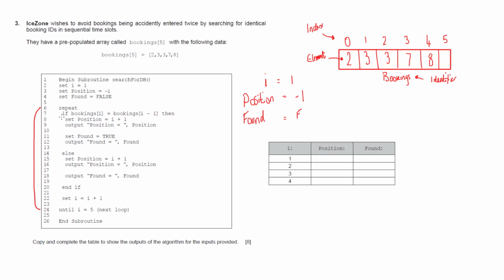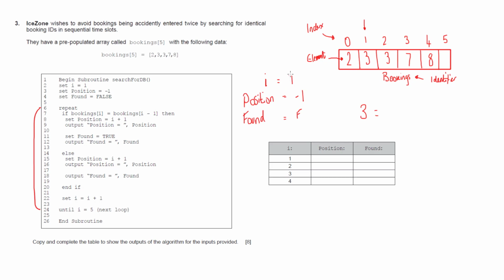So on line 7, the question says, if bookings at the position of I, so what is at the position of I inside the bookings array? Well, we're looking at this one here, because I is equal to 1. I'll write the element down at that position. Then it says, is it the same as what is inside the bookings array at I minus 1?